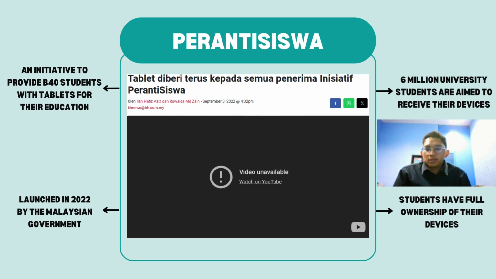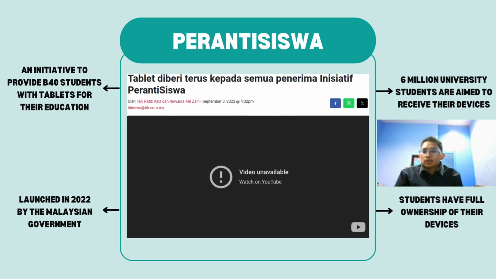Okay, so we are going to discuss our first initiative, which is the Belanja Siswa Initiative. As you can see from this screenshot from the Berita Harian website, under this initiative, B40 students, or university students in need, are provided with tablets for their education by the government.